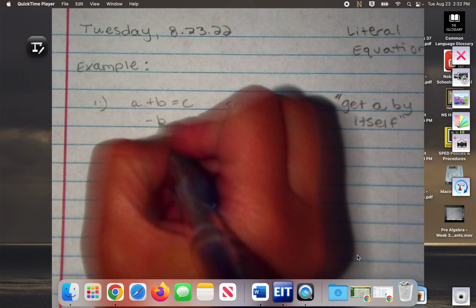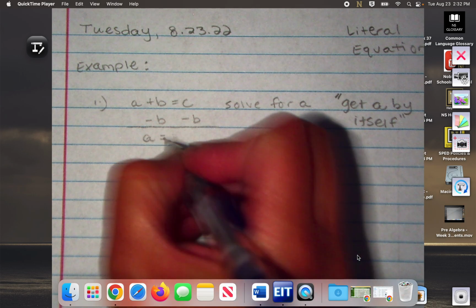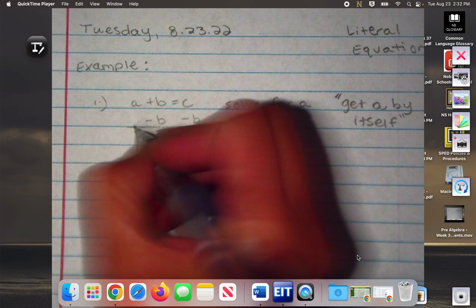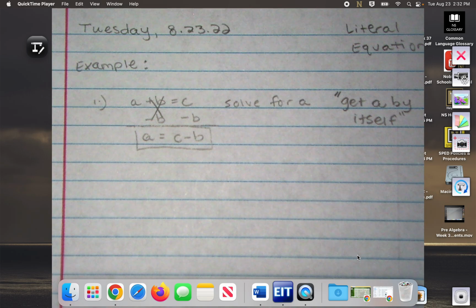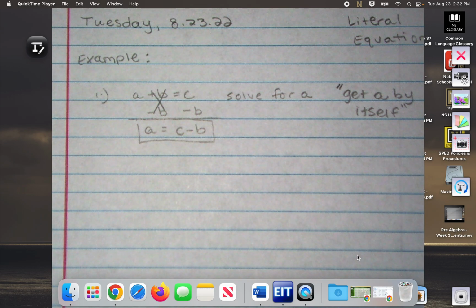Yep, subtract B from both sides. So now I have A equals C minus B, and I'm done. I don't know what A equals. I don't know what C equals. I don't know what B equals. But I was able to get A by itself. That's literal equations. Like, how do I get one variable alone from the other multiple letters that might be in the equation? Yes, sir?